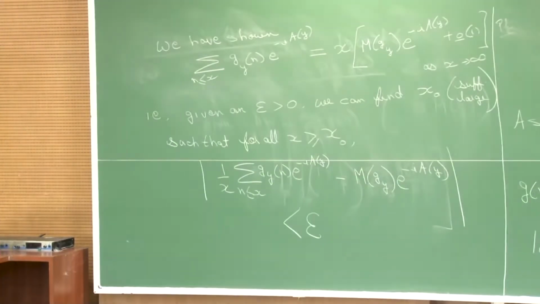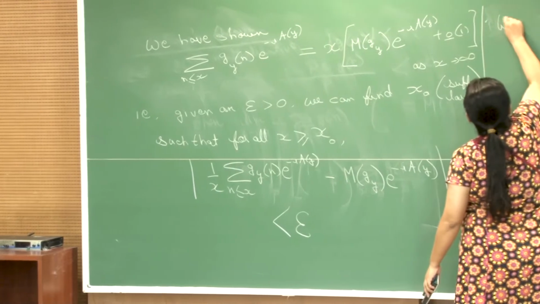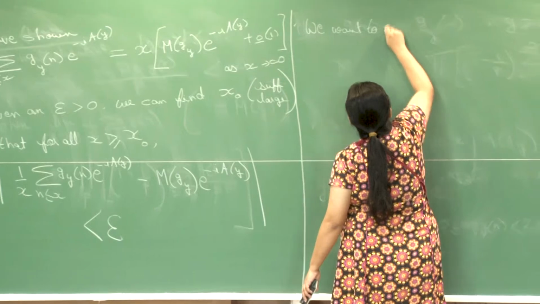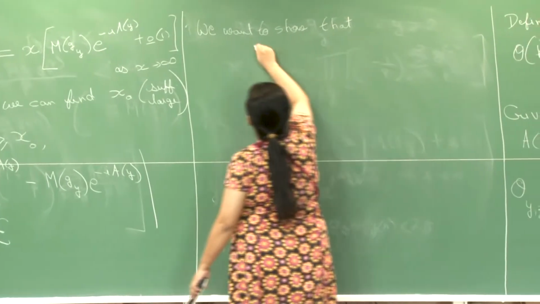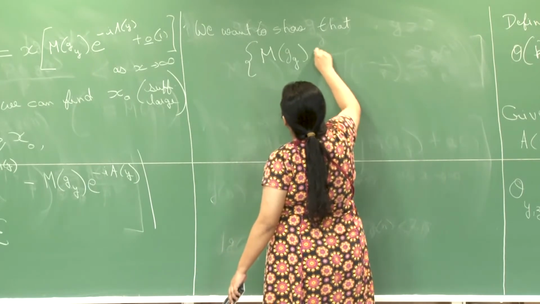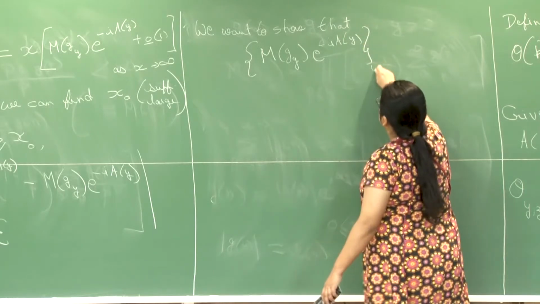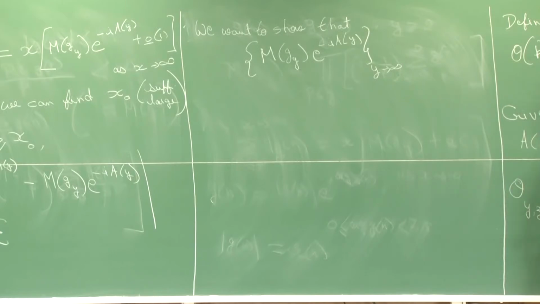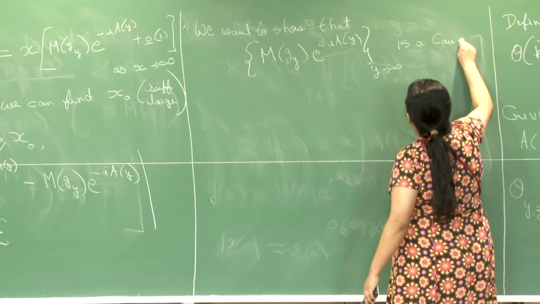Now, what we want to do is show that these m of g sub y's form a Cauchy sequence. We want to show that the sequence m of g sub y e raised to the minus I a of y, as you take y to be larger values, is a Cauchy sequence.